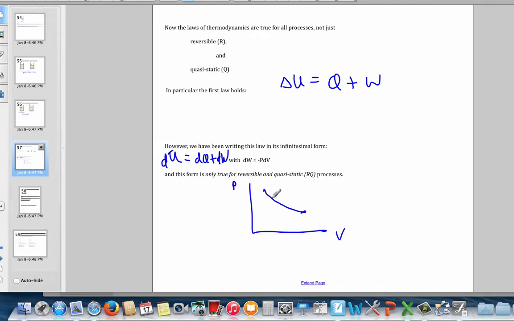Again, that's only going to be true if pressure and volume are defined all the way along this curve. And that's only true if we're doing this quasi-statically and remaining very close to equilibrium. So this is always true. This differential form, and the analysis that we've been doing of these various processes, that is only true for our reversible and quasi-static processes.